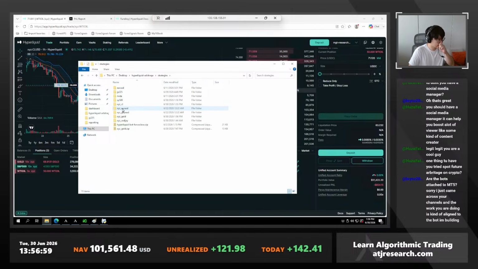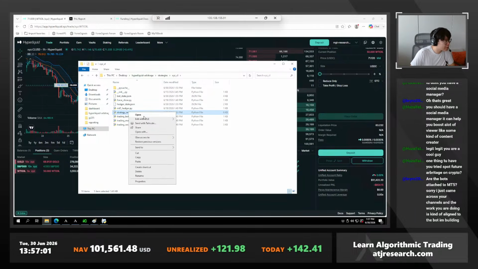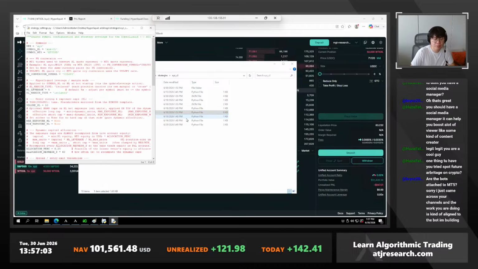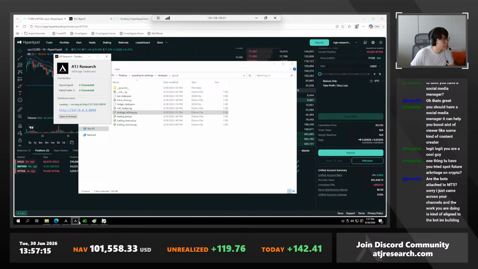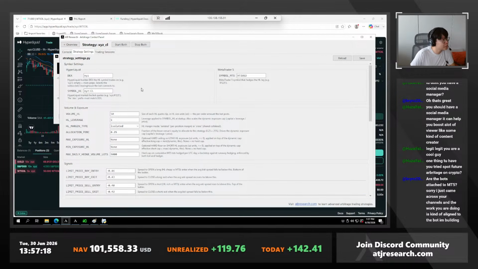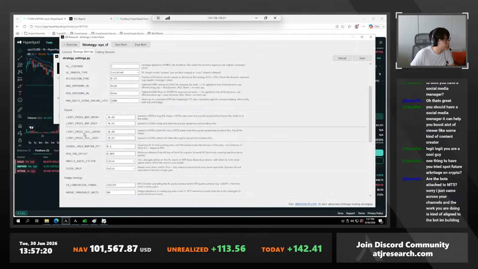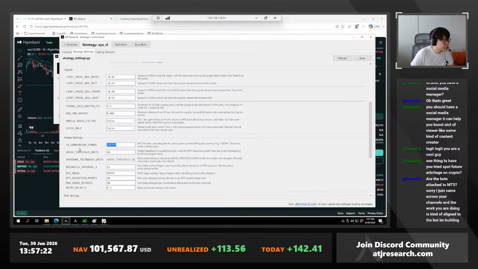So let's go to strategy settings, go to crude oil, and see what we have here. Oh, that's a very, very stupid mistake because here I have the FX conversion symbol, which I shouldn't have done. I think I should implement some double check for this because the FX conversion symbol, I'm not sure if I can find it. Yeah, should be none, right? So here, let me save it.